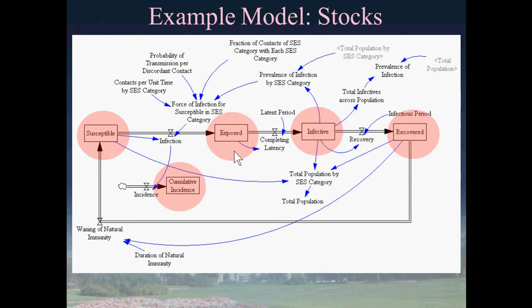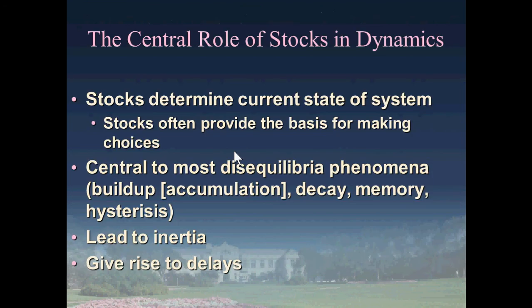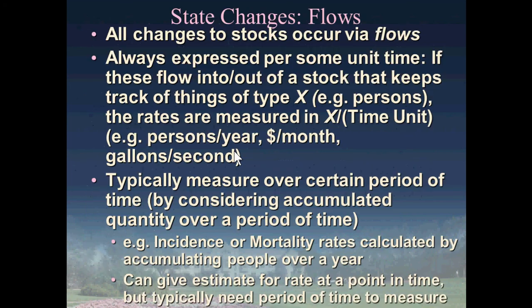We typically are affecting the flows by our interventions. And ladies and gentlemen, that means the stocks lead to a sort of inertia. We can't instantaneously, automatically change the value of the stocks, and they have a certain momentum to them. And as a result, in part, they give rise to delays in a system. It takes a while to nudge a system to a new state.